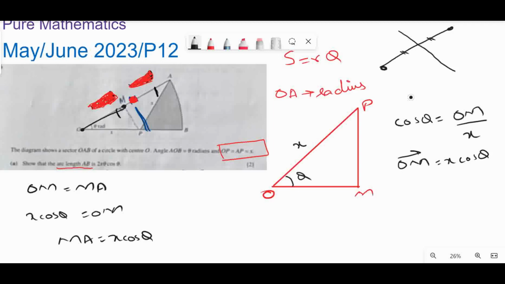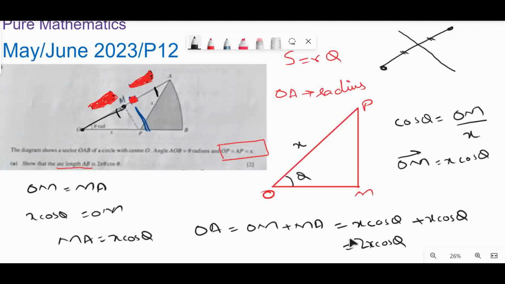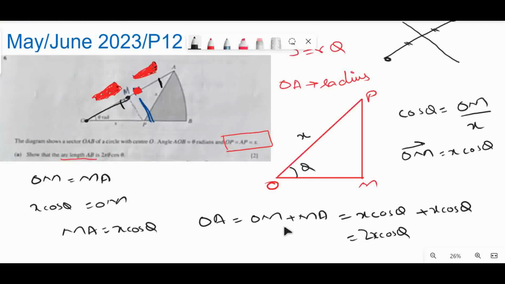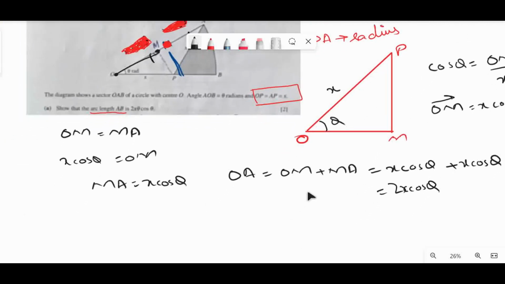So radius OA will be equal to OM plus MA, which means that OM is X cos theta and MA is X cos theta. So we can add these two. This will be equal to 2x cos theta. Now this is the radius.